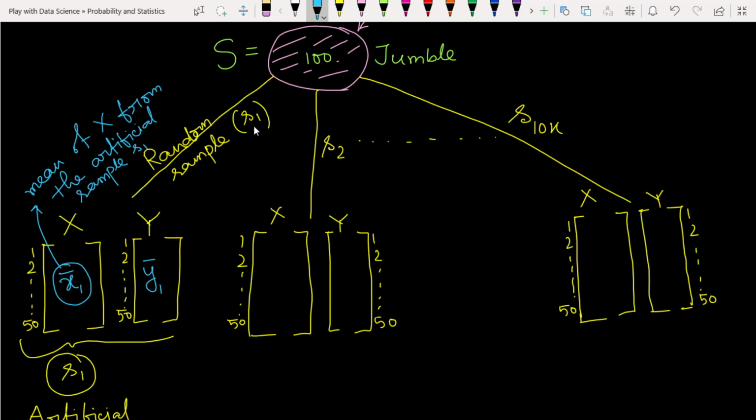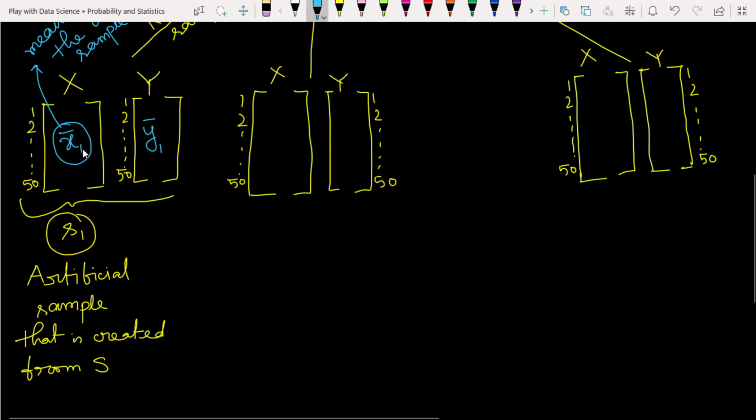First we calculated its mean. Suppose its mean is x1 bar, and the mean of Y is y1 bar.